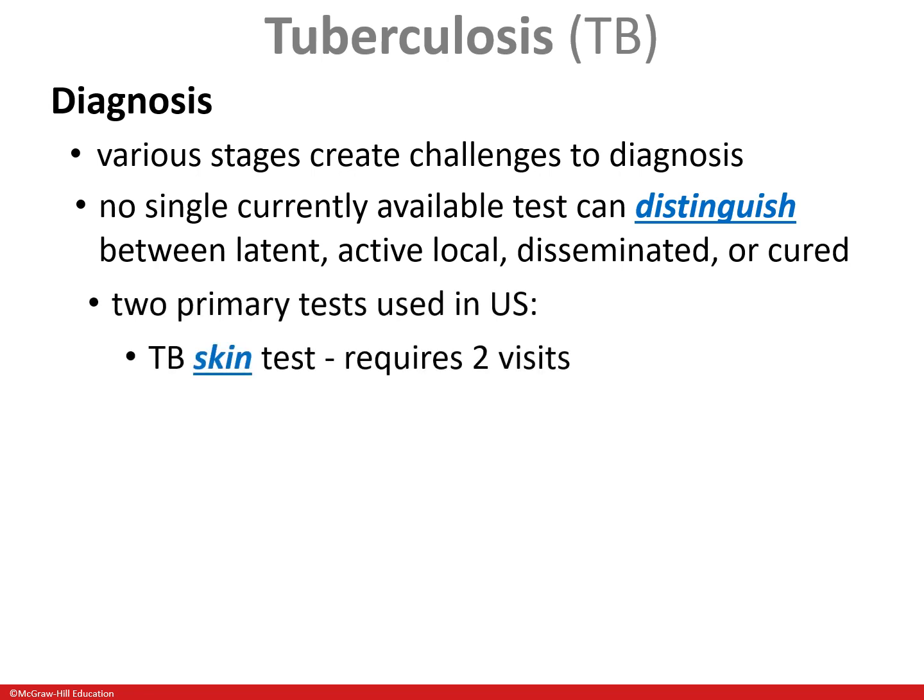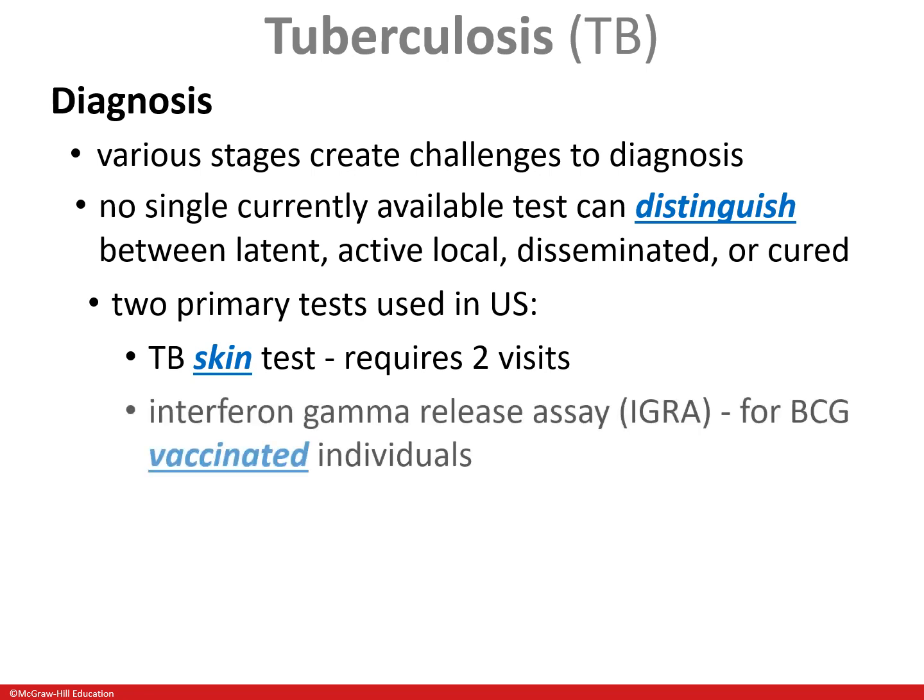So the two primary tests that we use here in the US, the ones that most people are familiar with, are the skin test, which again is where the protein is injected in the skin, and then you're basically waiting for your cell-mediated immune system to come and respond to that in a couple of days. And so this is somewhat problematic if you're testing someone who is, for example, homeless or doesn't have health care. Asking them to come back to look at the results in a couple of days is sometimes problematic.